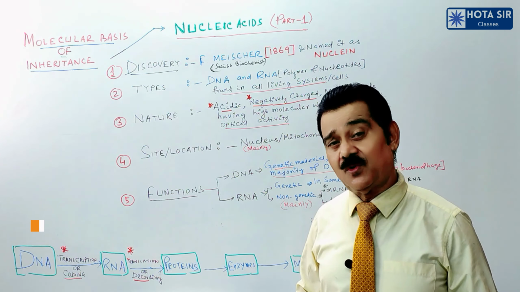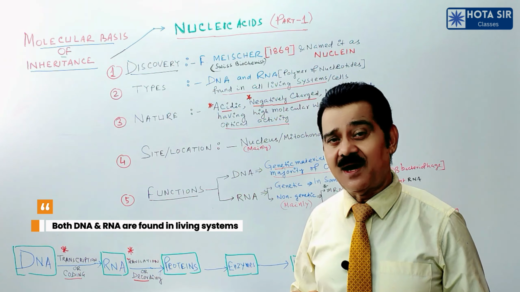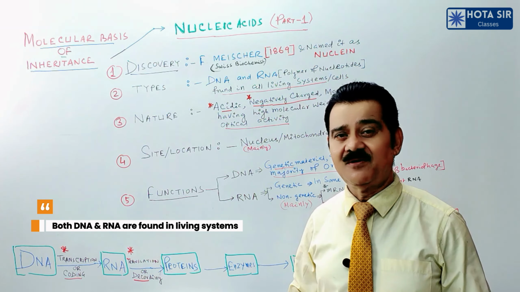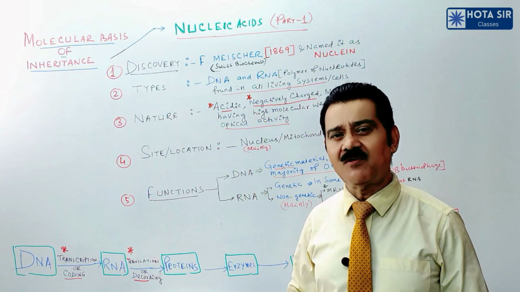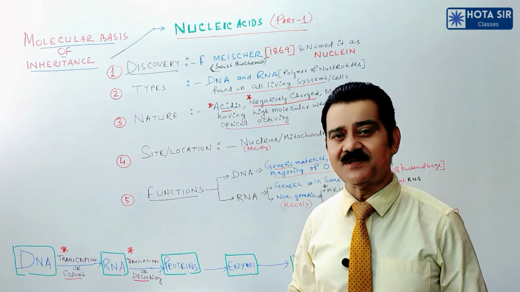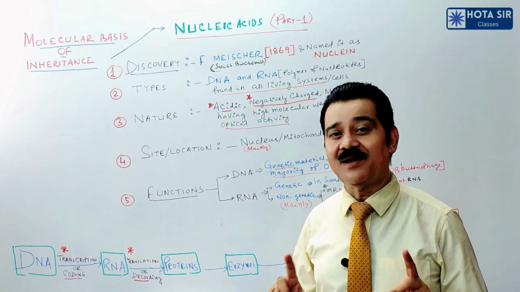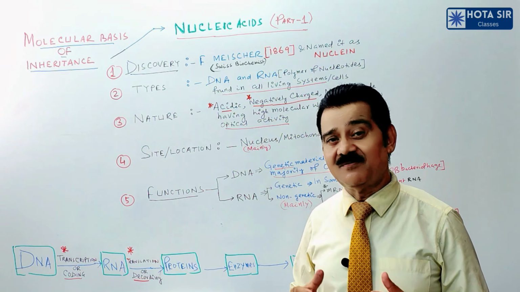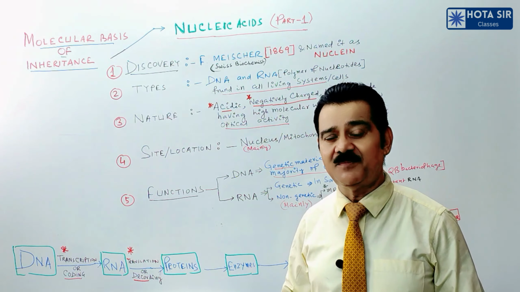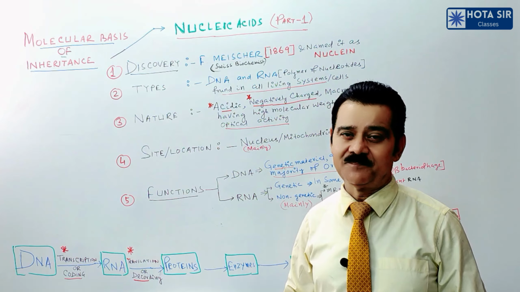So these two nucleic acids are essential for survival of an organism. Now recall viruses, my dear children, one exception is there, where viruses have only either DNA or RNA, never both. That's why viruses form a connecting link between living and non-living.